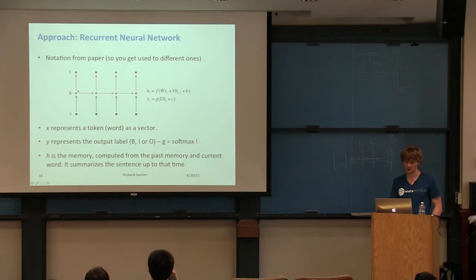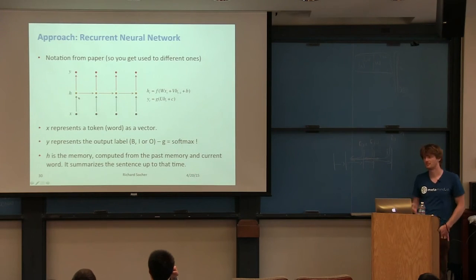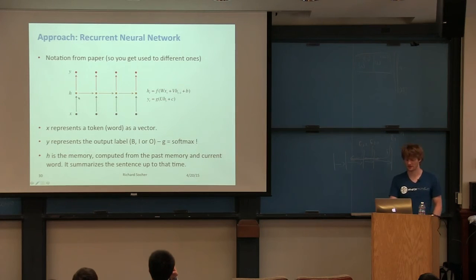And instead of having lots of little dots for each vector, he describes each vector as just a single dot. Again, you'll observe that in the literature a lot. But other than that, the H is still our memory that is computed from past memories and so on.